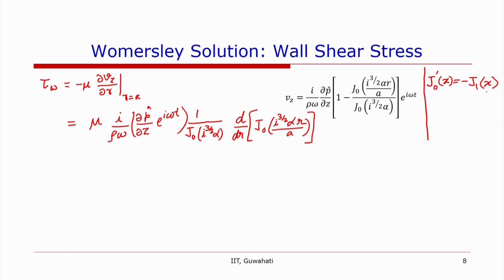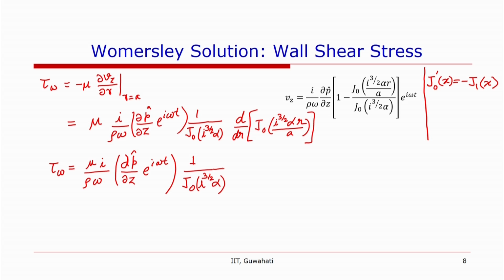So if we can substitute that here, then tau w is equal to mu i over rho omega del p over del z. We can write this in terms of capital E to the power i omega t, 1 over J naught i to the power 3 by 2 alpha.